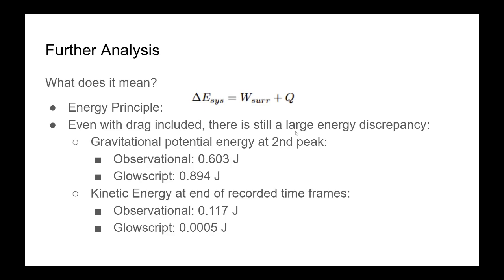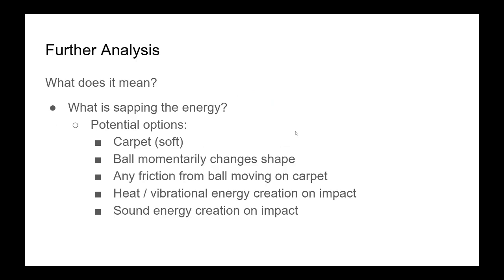Of course, like I said, there is drag included in my model, but there's still a very large energy discrepancy. You can see that about 1/4, maybe even more than that, of the gravitational potential energy at the second peak is different, as well as for kinetic energy being almost completely gone in the GlowScript model at the end of the recorded timeframes, which doesn't happen in the observational model.